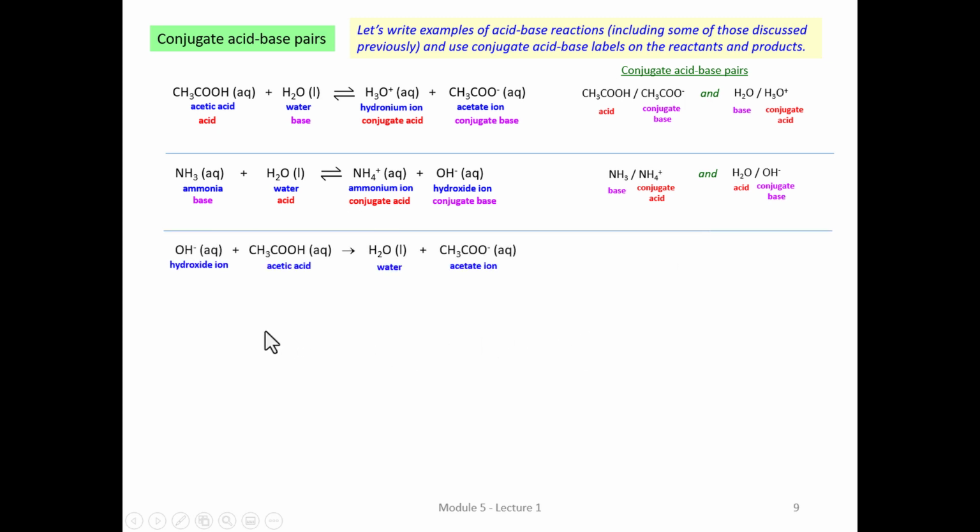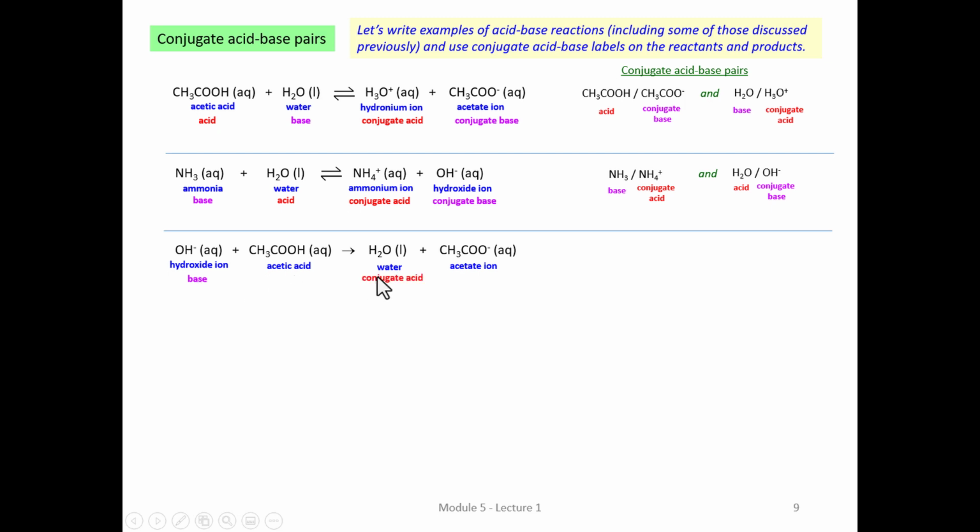How about reacting, if you recall, the strong base hydroxide ion with the weak acid, acetic acid. Now, we won't label these necessarily as strong and weak here. We'll talk more about that soon. Remember, this reaction pretty much goes to completion, so I don't have an equilibrium arrow there. In any event, on the left, hydroxide is naturally the base.